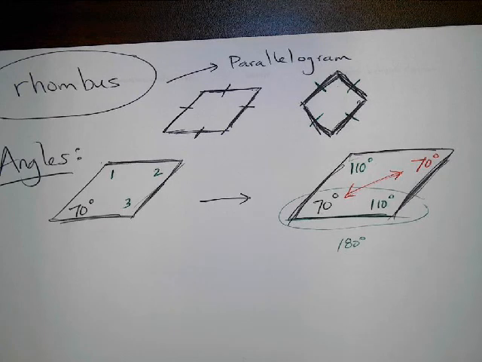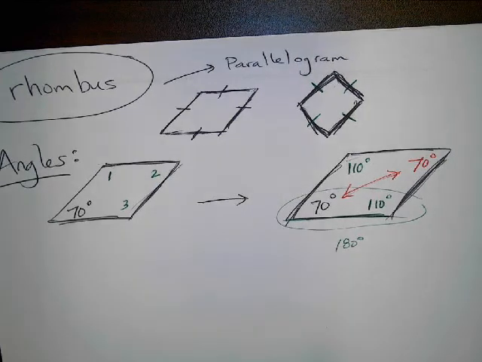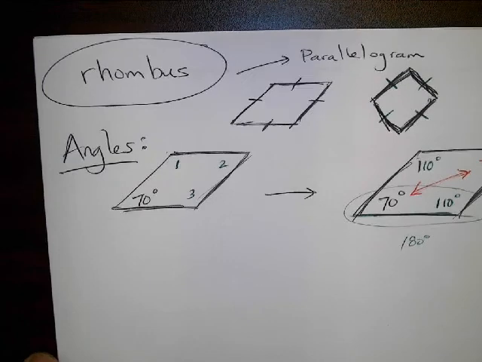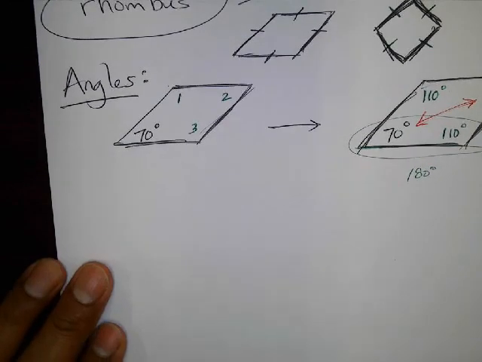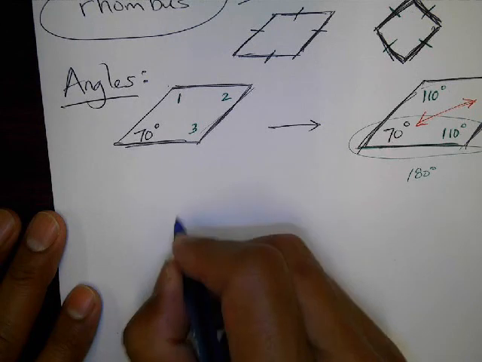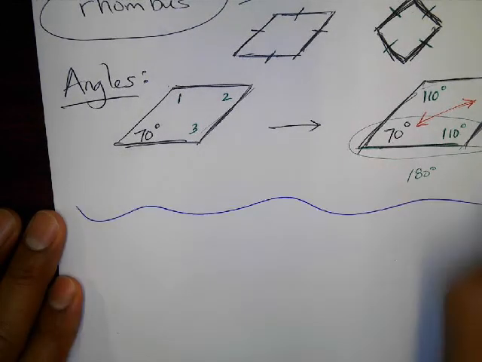Okay. So now the problems you're going to see, let me continue. So that's still going to be true, but what's something else that's specially true about a rhombus? Well, here it is. For a rhombus, let me draw another one over here.